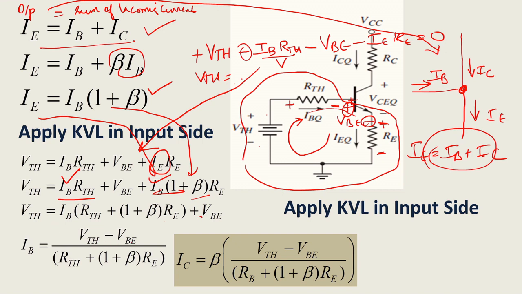So IB equals VTH minus VBE divided by RTH plus 1 plus beta times RE. So this is your IB equation. So what is the relation? We know IC is equal to beta times IB. So just multiply beta with IB. So you will get IC equals beta into VTH minus VBE divided by RTH plus 1 plus beta RE. That's it.